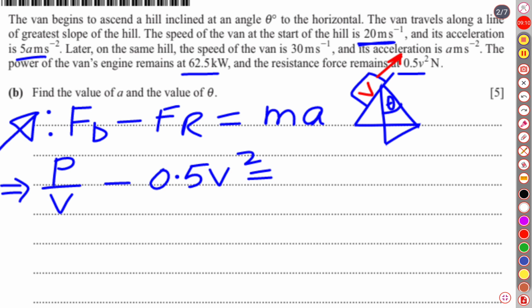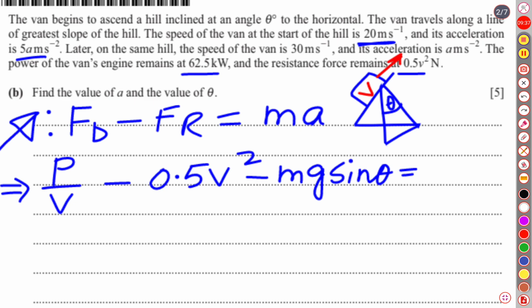But we should not ignore another concept. Weight is also causing a resistance to motion, so we should not ignore mg sine theta. Weight is a kind of force, and in this case it is a resistance force.